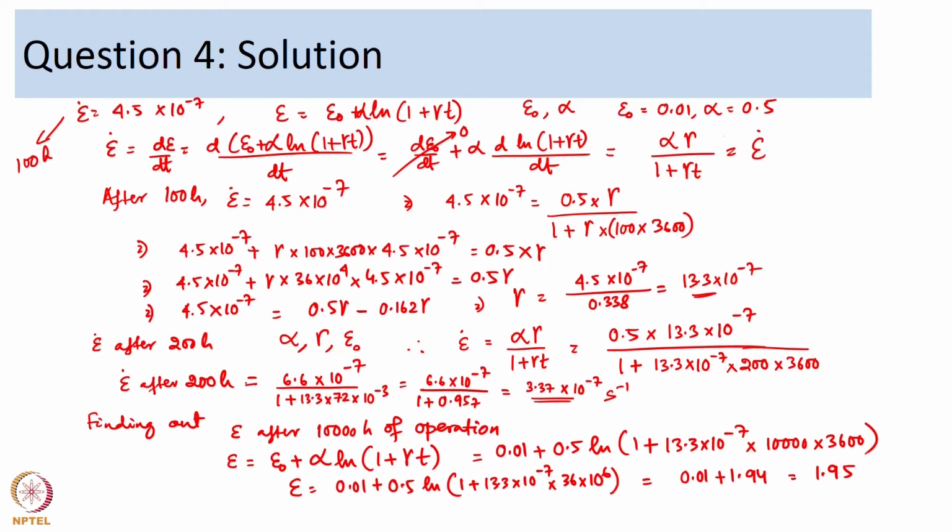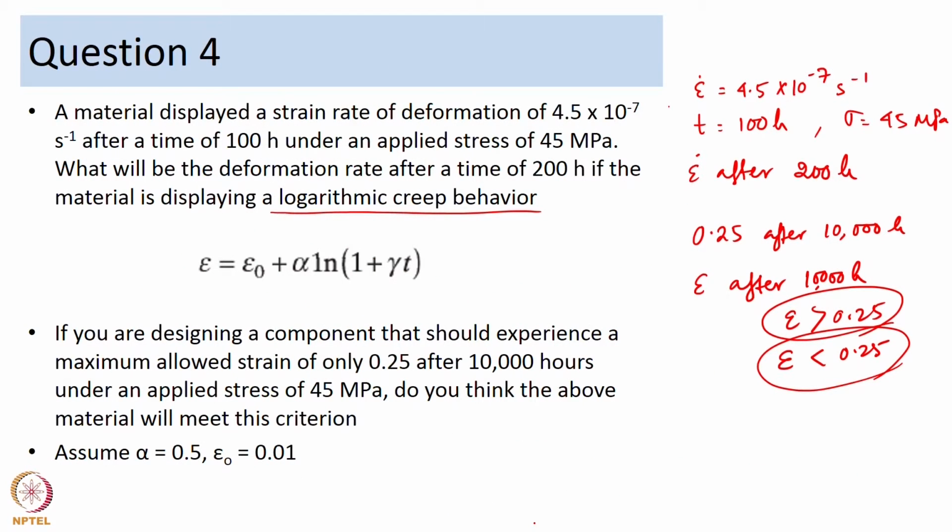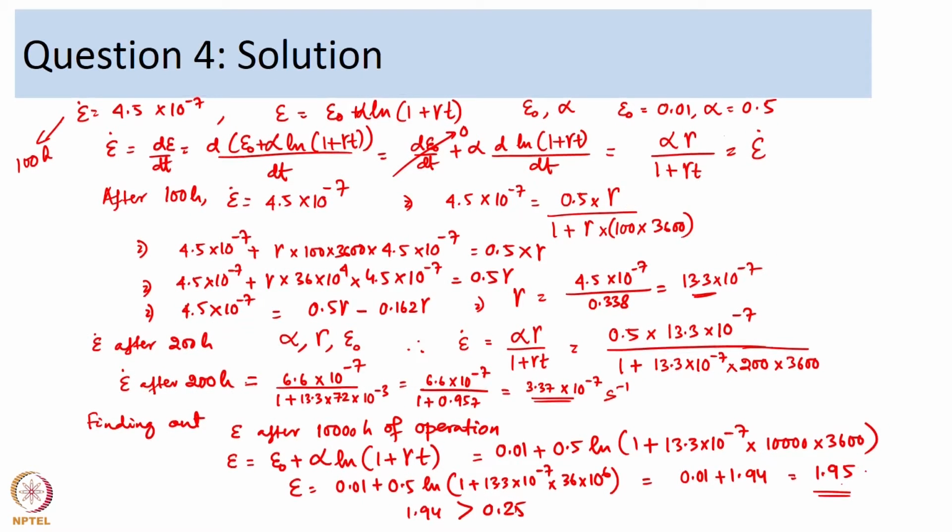So, that is a lot of plastic strain that the material is going to experience, and it is clear that this value is going to be greater than the 0.25 value that the engineer was planning on designing the component for. The maximum strain that the engineer wanted was only 0.25, but after 10,000 hours of operation, the material is going to experience 1.95 plastic strain.